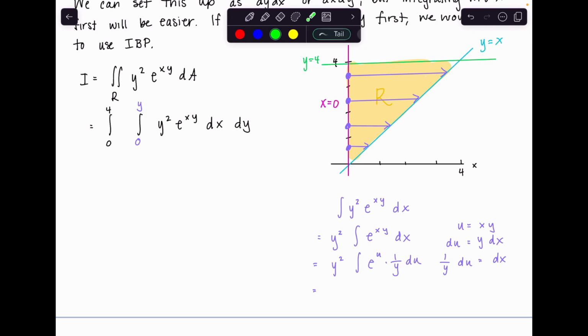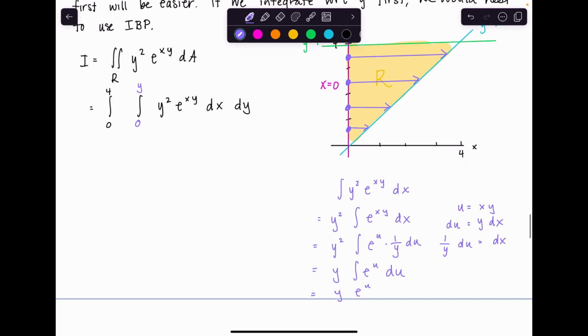And then grouping those like pieces, y squared over y just gives us y. And then you're integrating e to the u du. Antiderivative of e to the u is e to the u. And then going back to the starting variable, this is y e to the xy.